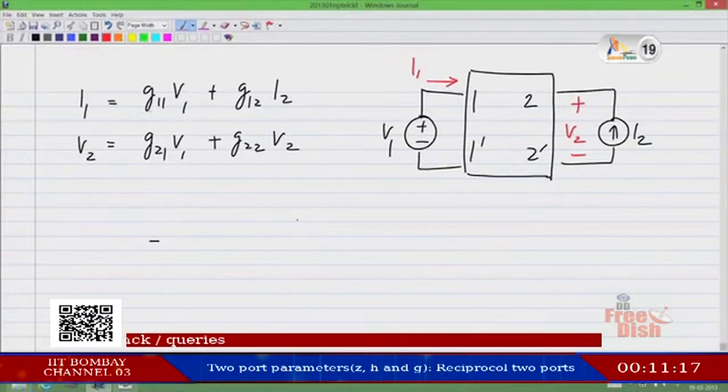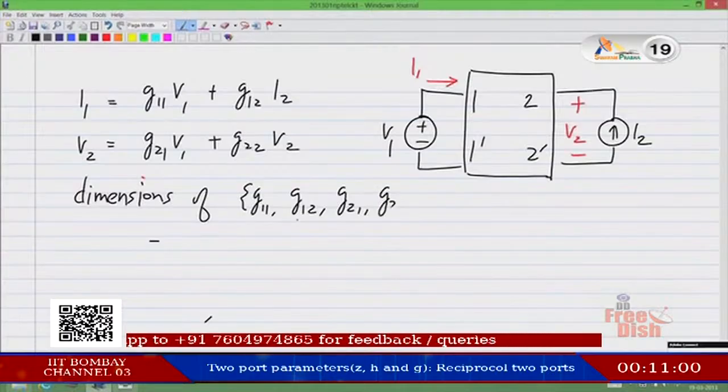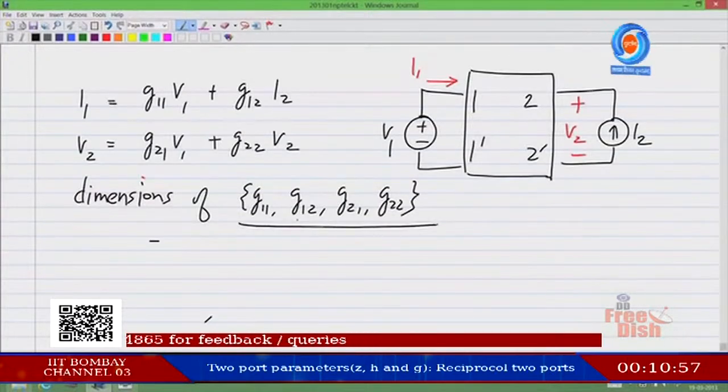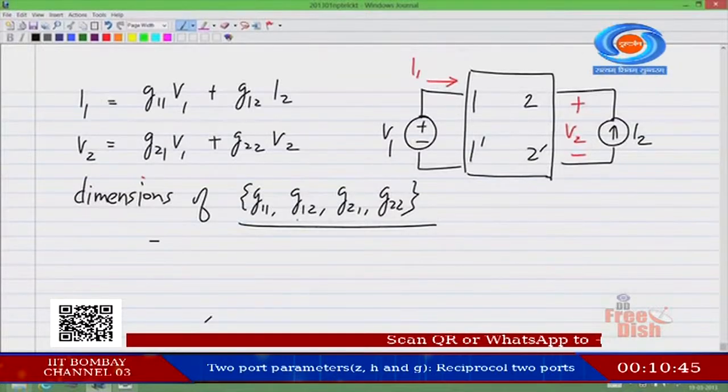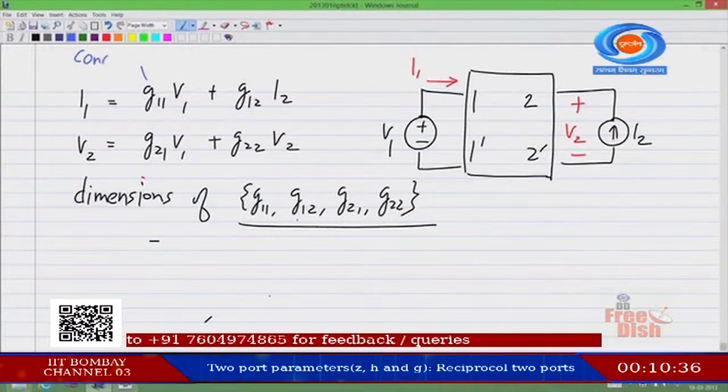So very quickly, please give me the dimensions of G11, G12, G21 and G22. What are the dimensions of G11? Clearly, G11 multiplies the voltage to give a current, so it has dimensions of conductance or units of Siemens.